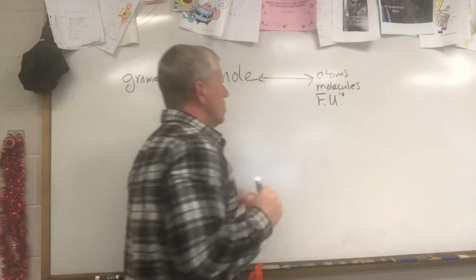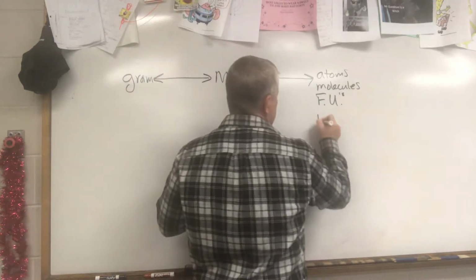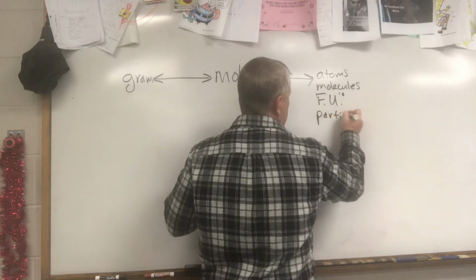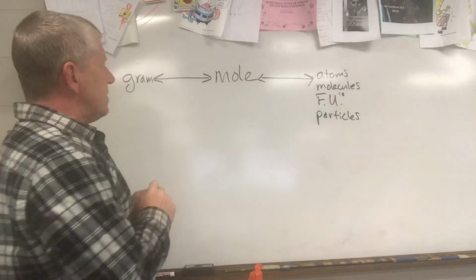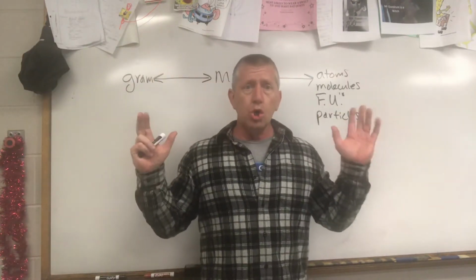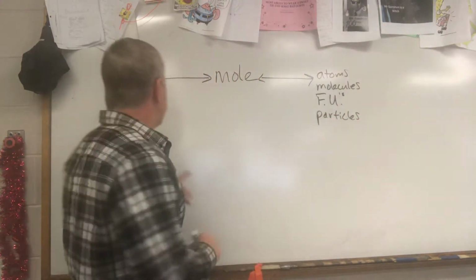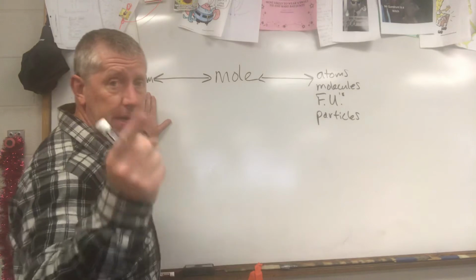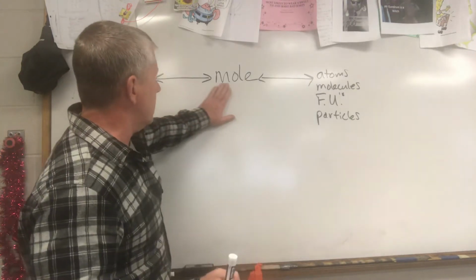A little less than, make it plural. I'll put particles here too. Particles. Okay, so this is how we're going to convert. You can convert things based upon this layout. What do you mean? If I have grams and I need to figure out moles, I can do that because grams has an arrow connecting to moles.